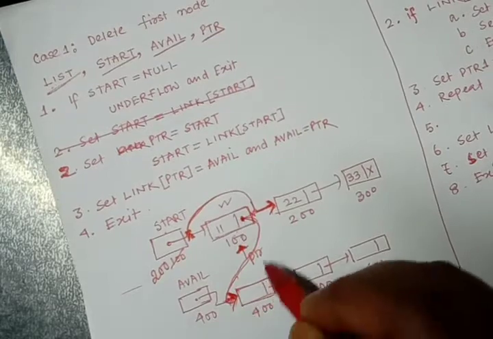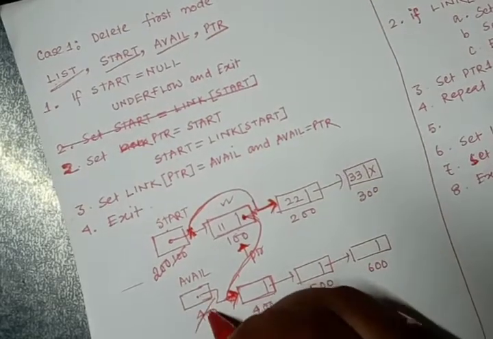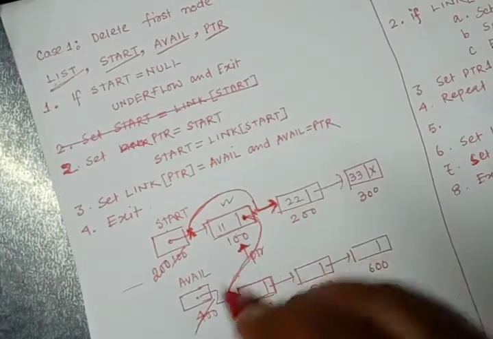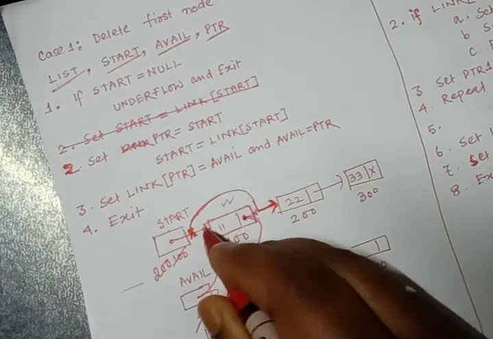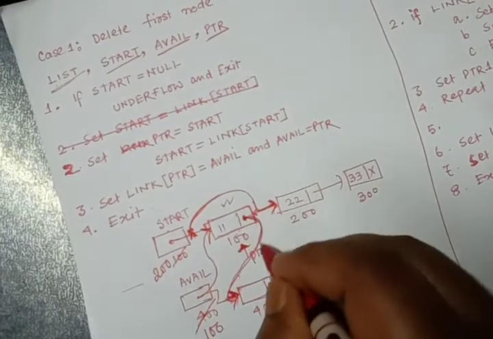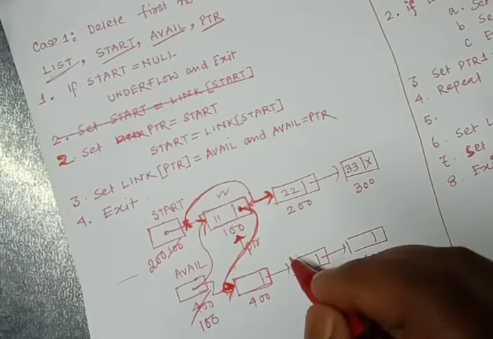Now it will point here. Then avail equal to ptr. So the avail value will change, avail equal to ptr, and the value of ptr is 100, so this value is 100. Now this will point to this address. So this is how this algorithm works.